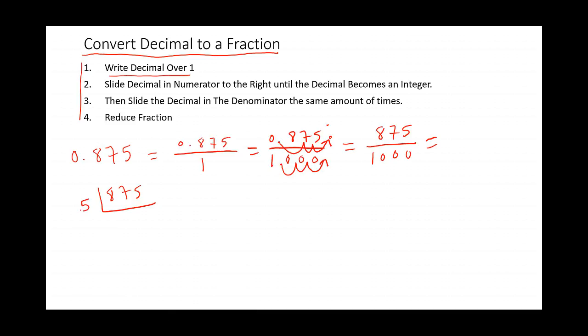Now, if I can't do that in my head, I'm going to have to come off to the side here and say how many 5s are in 875. There's 1 5. So I put a 5 here, and I'll subtract to get a 3 remainder. Bring the 7 down. 5 goes into 35 7 times.